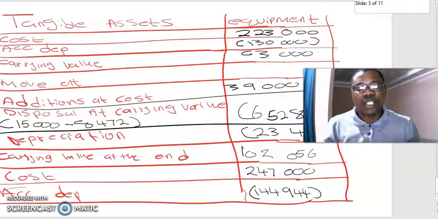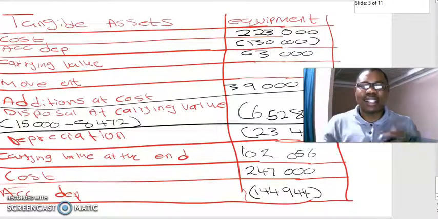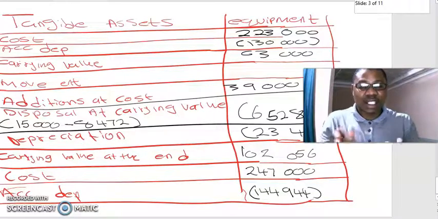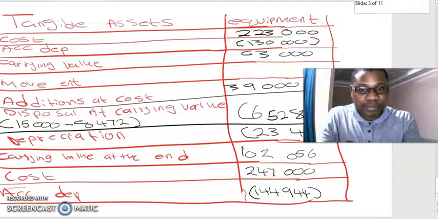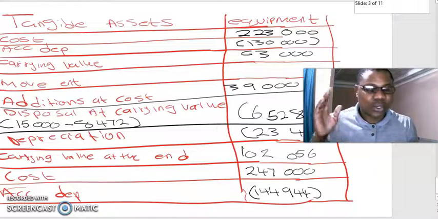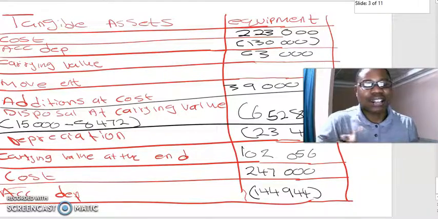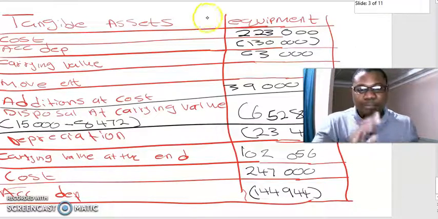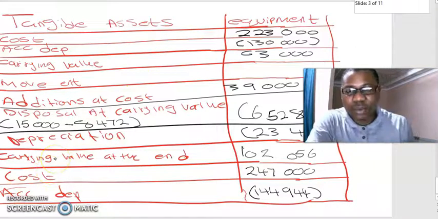When you do the fixed tangible asset, this is the format. So rather know this format, and then the amounts come after. What is important is to know the format.